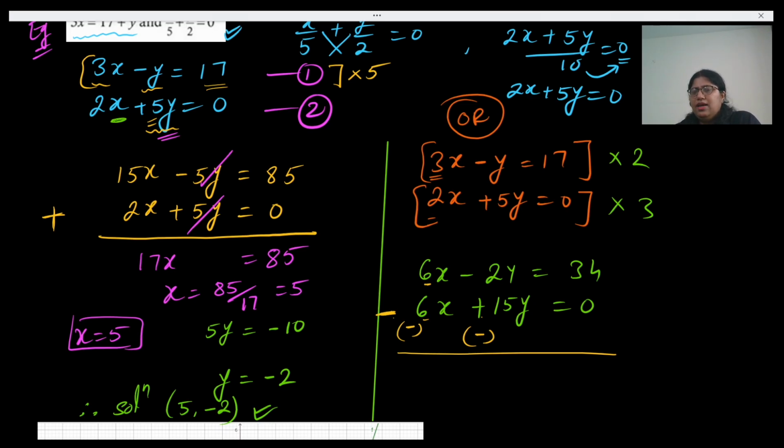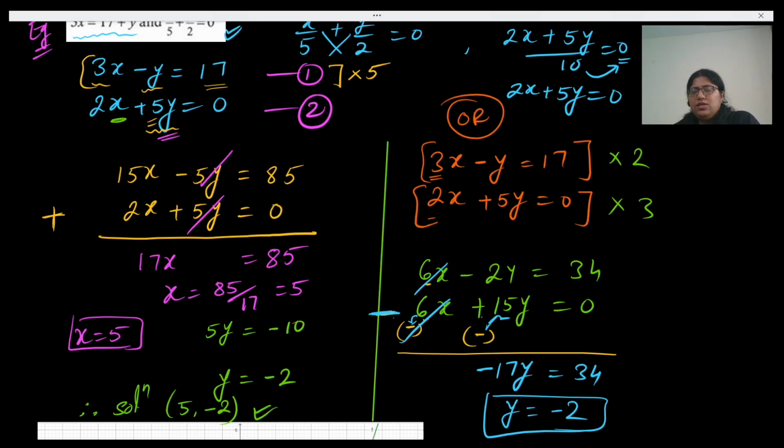Now you take the new sign which is negative, and this gets cancelled. Minus 2 minus 15 now, because whenever you subtract, the sign of each term will change. So it is minus 17y, which is 34. 34 minus 0 is 34. y will be equal to minus 2.